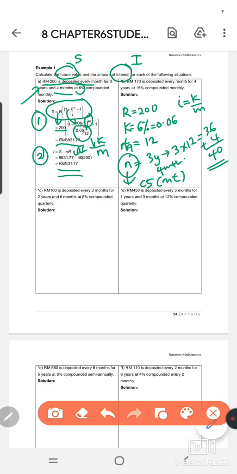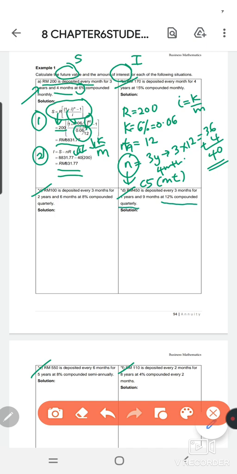Now you can try to solve questions B, C, D, E, F. For example, let me take this one, example D. RM 450 is deposited every 3 months for 1 year and 9 months at 12% compounded quarterly.